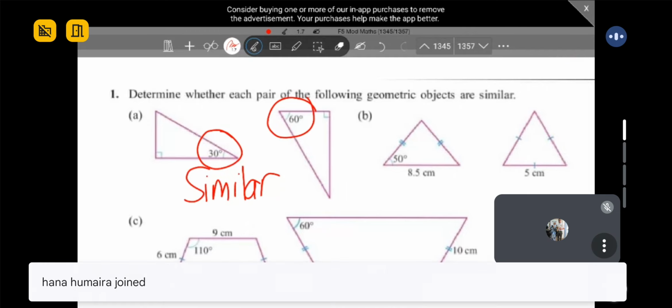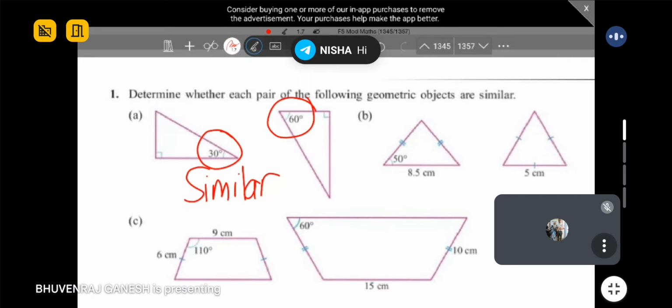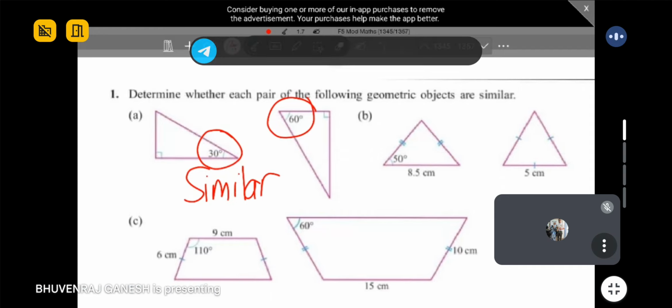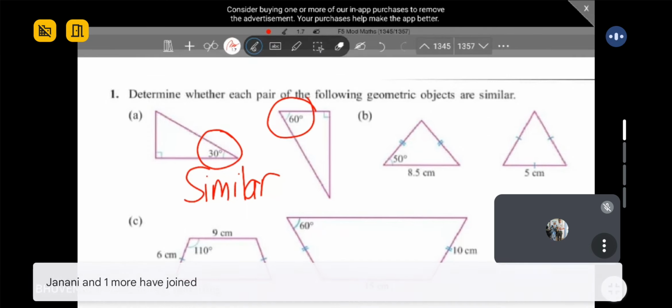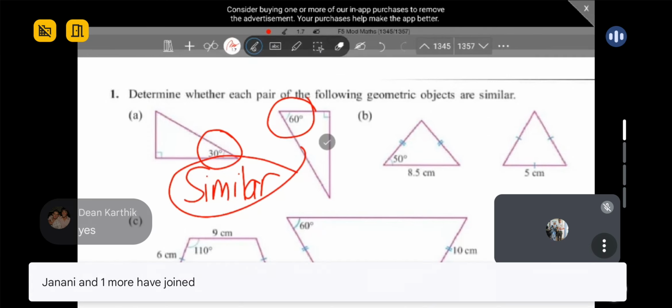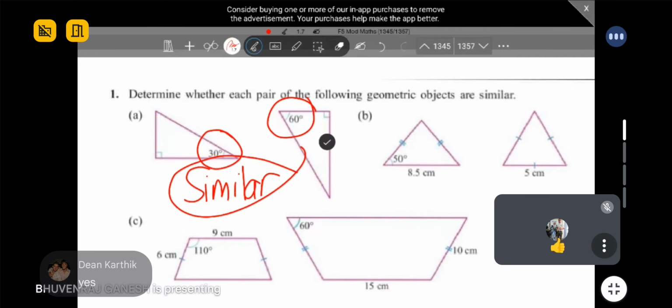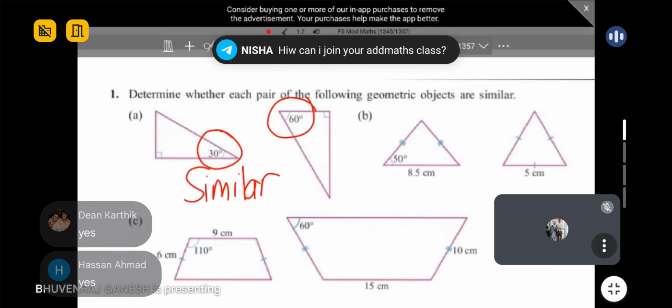Then you can call it similar. Okay, so guys, cuba fikir. Okay, don't need. So, tak perlu yang tu. This one is similar only. Okay guys, can you all accept? Boleh terima? Dia adalah serupa? Okay, very good.